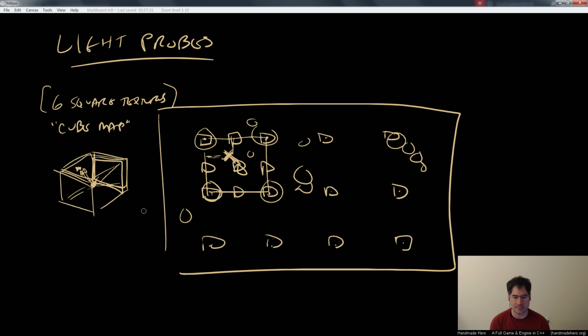It'll go around dropping cube maps down. It will do a ray traced render to calculate what the lighting is at each texel in the cube map using some kind of a ray tracing scheme. And then when you go to run the game, you have all the information you need.